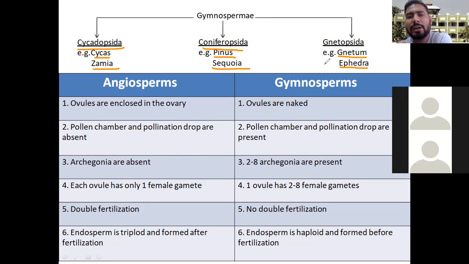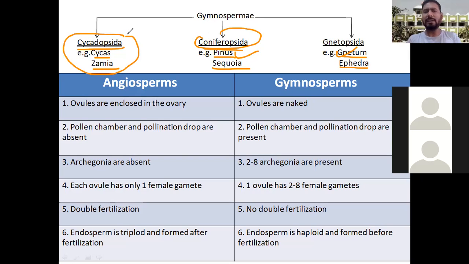Next class I will talk about angiosperms. Clear? This is the example you have to learn: Coniferopsida, Pinus; Gnetopsida, Gnetum; and Cycadopsida. If you have learned the class names, then accordingly you can also learn the examples. Clear?